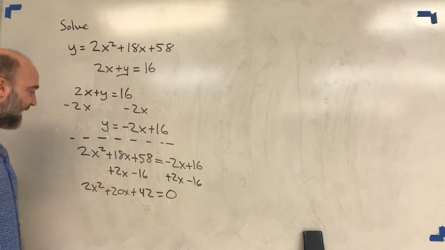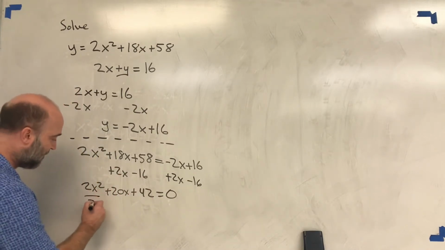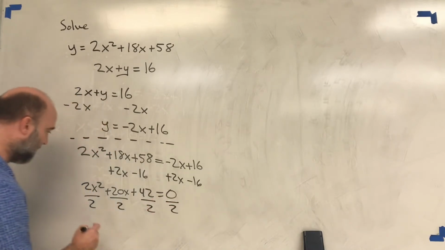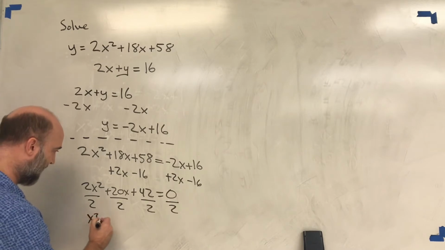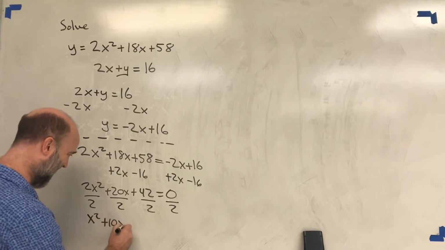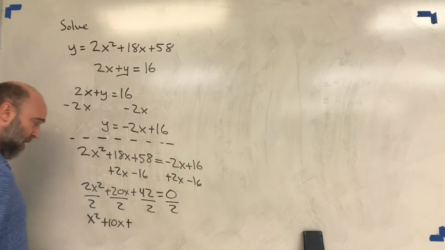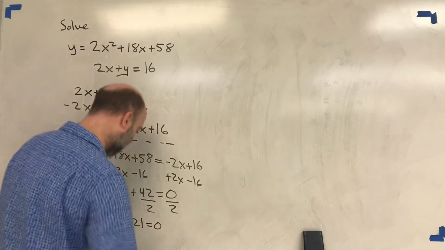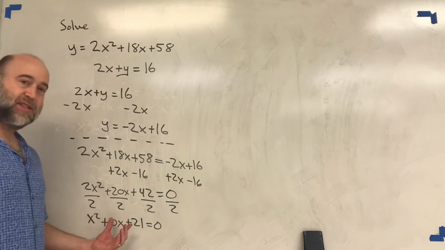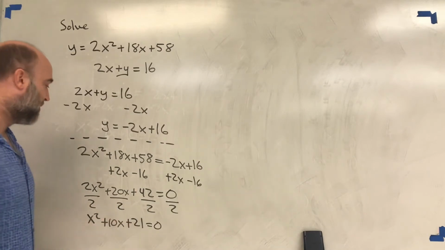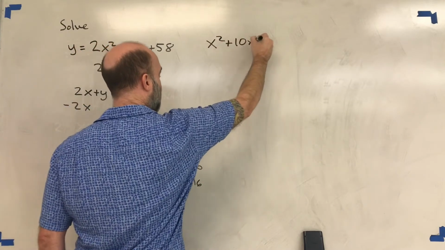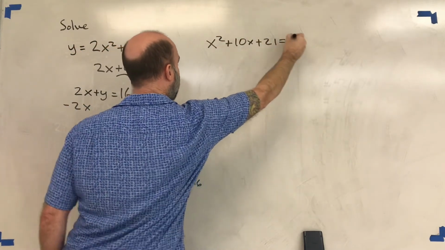Everything's even, so I'm going to divide everything by 2 to make my life easier. Divide everything by 2, and I get x squared plus 10x plus 21 equals 0.